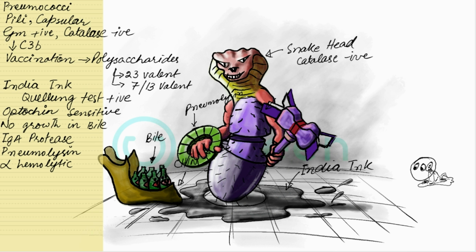Moving on, that should help you remember that this is catalase negative. Moving on from the identification and the virulence factors to now diseases. So first thing to remember, look at this sickle that I just put on the capsule of this pathogen. The capsule should actually be around both of these spherical or lancet-like pathogens.